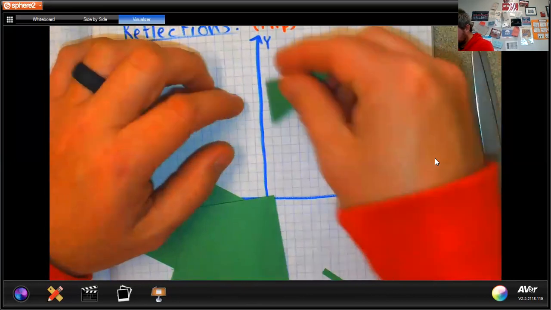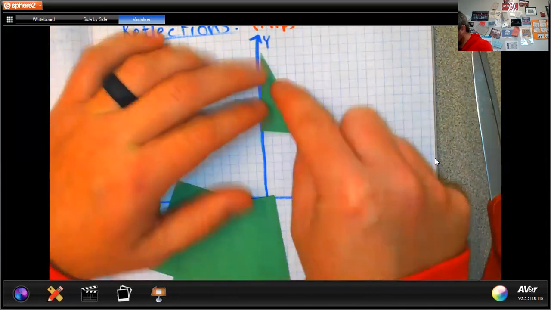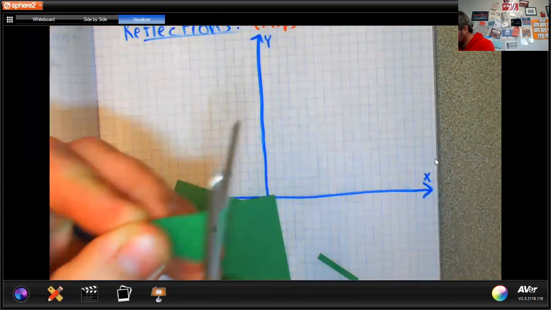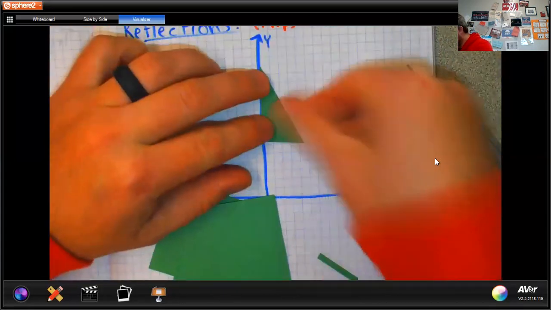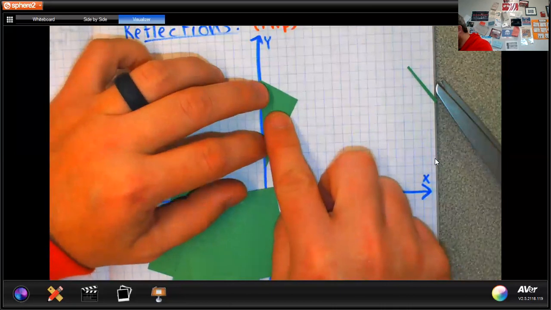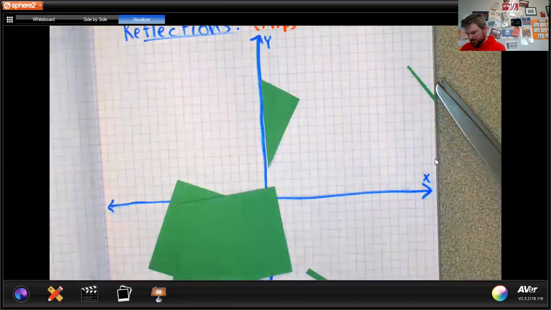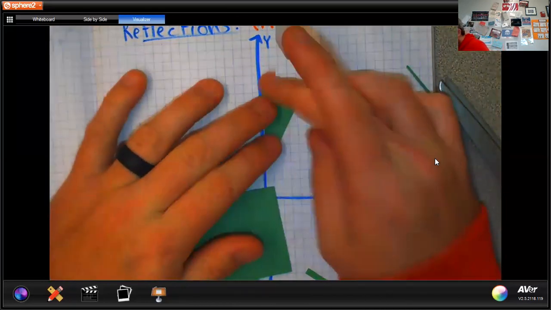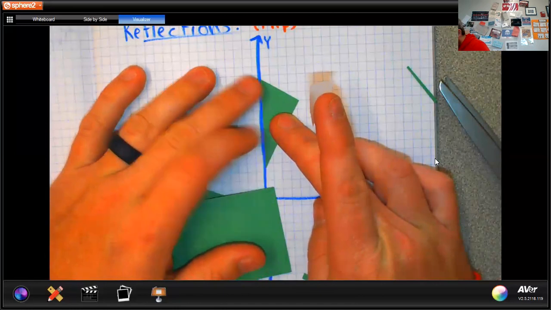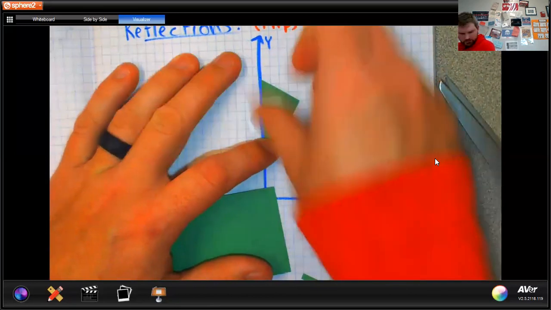You may have to flip it like this, or maybe like this. Let me cut just a little bit more off of that. Okay, how do we do there? That's perfect. That's pretty good. So I'm going to take a little piece of tape, and I'm going to tape that in right there.